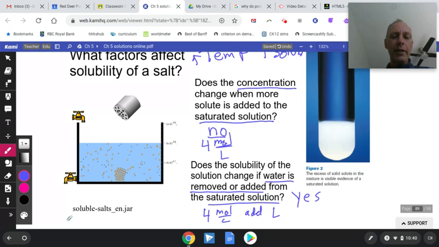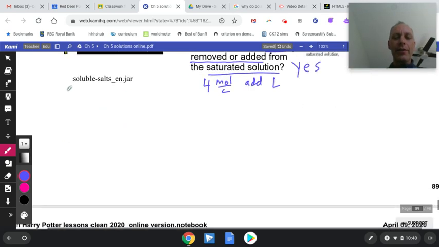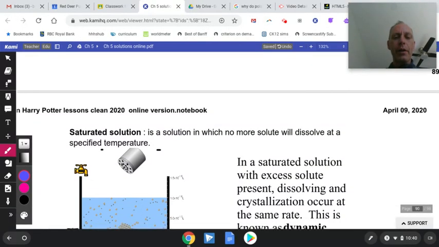Remove water and you would lose some solute. It would have to crystallize out. So the concentration will remain constant in both of those scenarios. Add more water, add more moles to keep the concentration the same. Add more solid does not dissolve more because the concentration is saturated at 4 moles per liter. Okay, those are kind of weird ideas. Hopefully those sink into your brain and make sense to you.